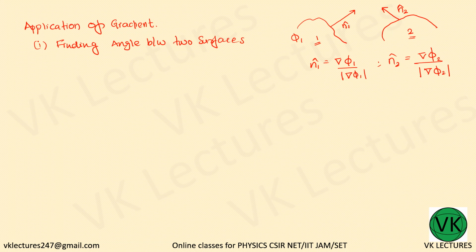Now how do we find the angle between them? Let us find out what n1 cap dot n2 cap is. That will be equal to magnitude of n1 cap into magnitude of n2 cap into cos theta.